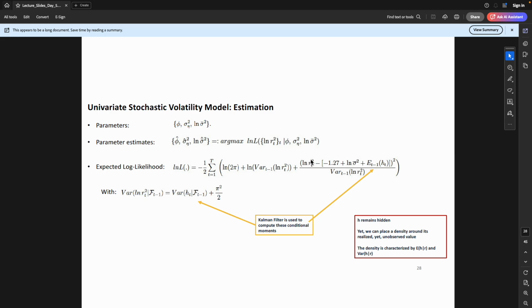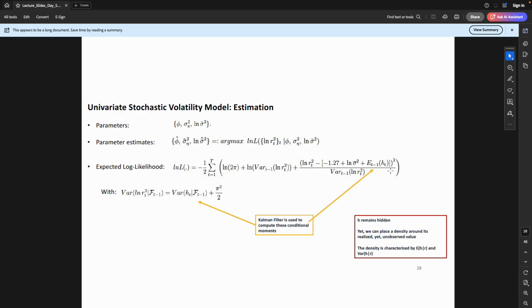If I take here the realized squared return minus the prediction, I need h_t, and I don't know the h_t. That's what I said already 10 minutes ago. So you see, I cannot apply MLE. That's where I stop, basically. Because in the code, I get an error. It says H not known.